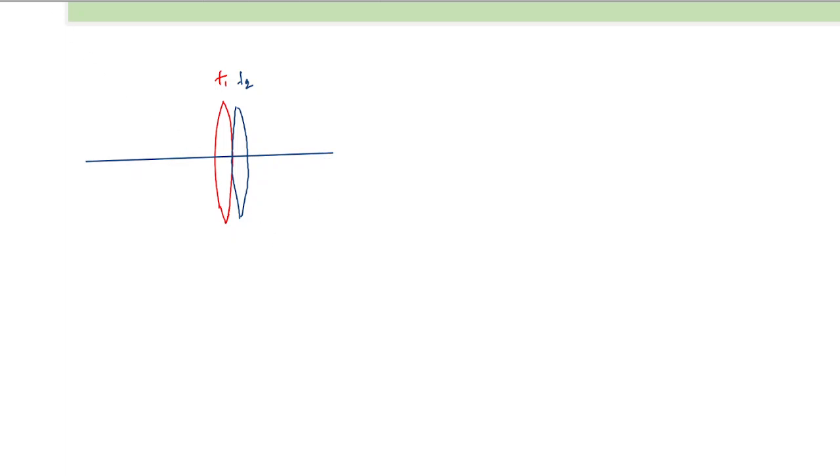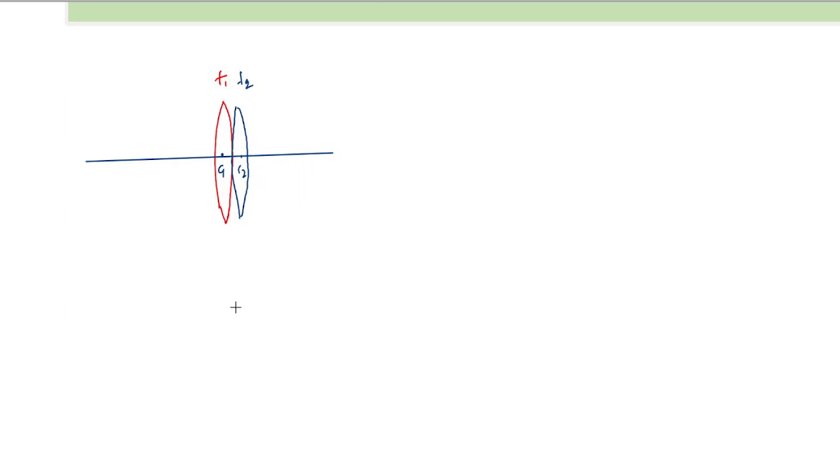Now here we saw that in case of lenses, the reference point was the optical center. Since we have two lenses here, we will have two optical centers. We'll call them C1 and C2. But for the entire system, for these two lenses, C1 or C2 cannot be the reference point.